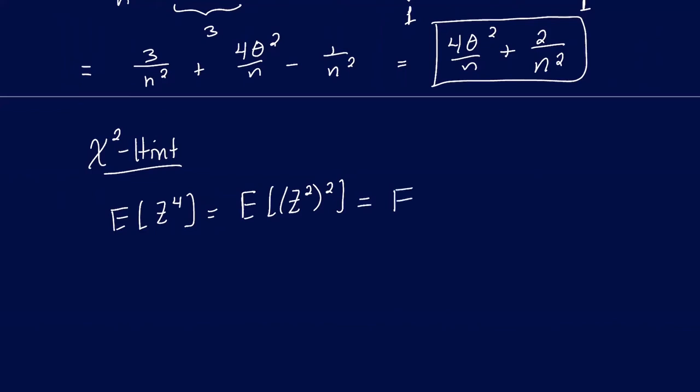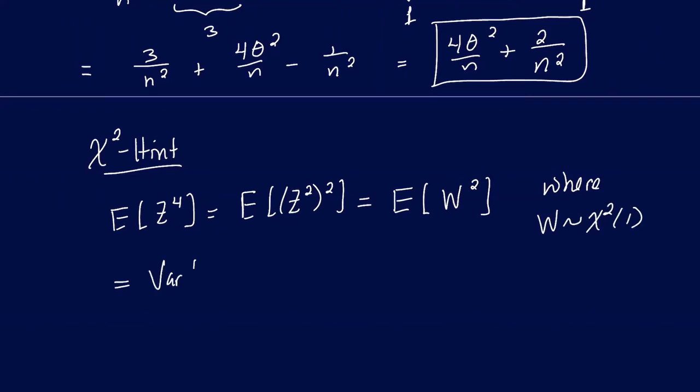So this is the same thing as the expected value of another random variable, say w squared, where w has the chi-squared 1 distribution. And we can find the expected value of w squared by looking at the variance of w plus the expected value of w, all squared.